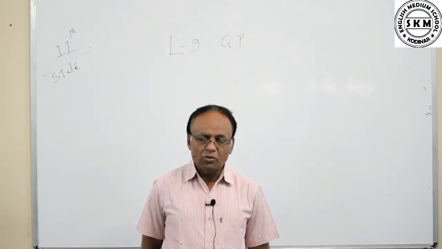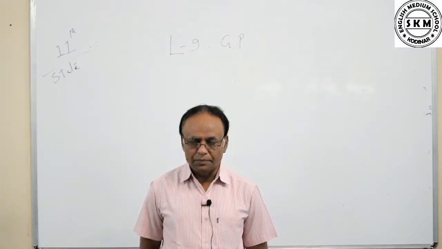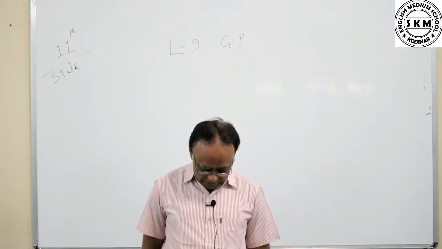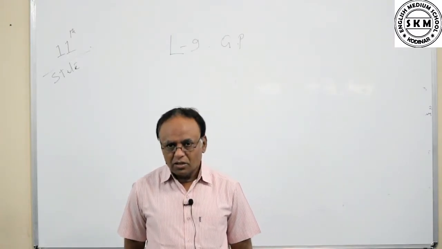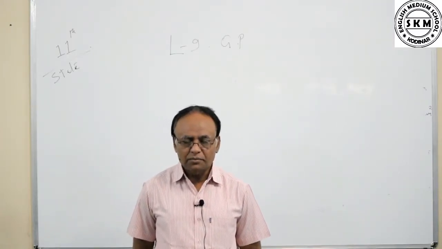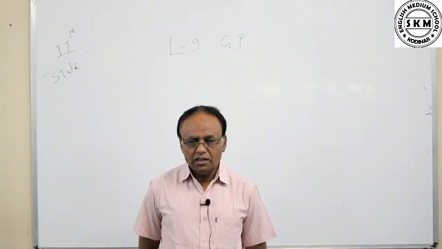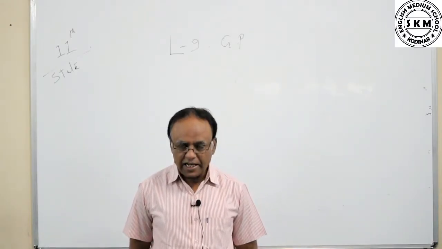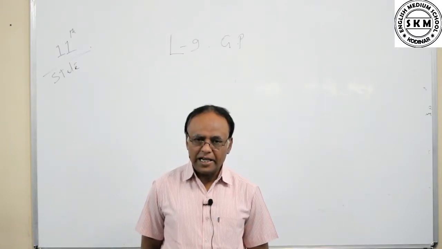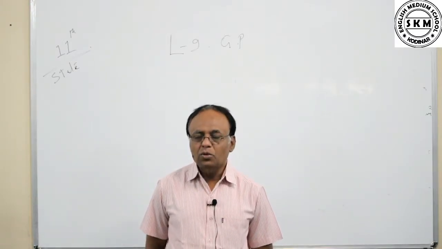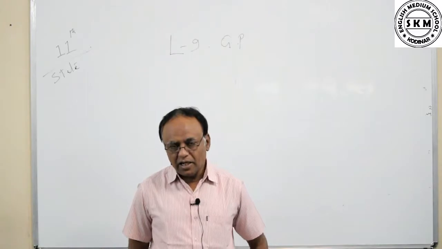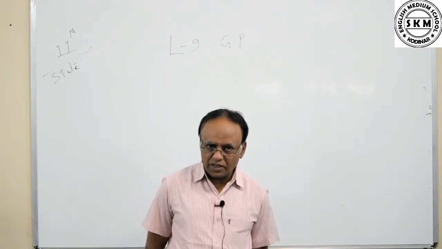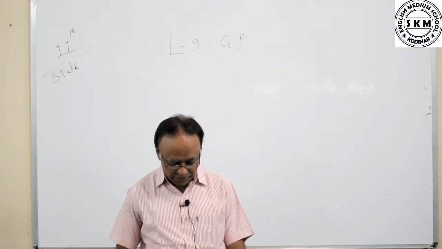Up to now we learned about the terms, and now it is the sum of the series. Also I discussed the 5 general formulas. Sn, the sum of n terms, is equal to A into r raised to n minus 1 upon r minus 1.